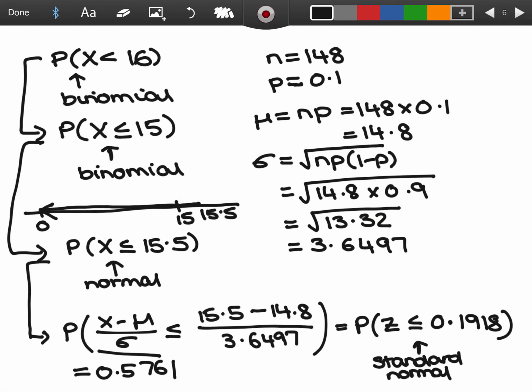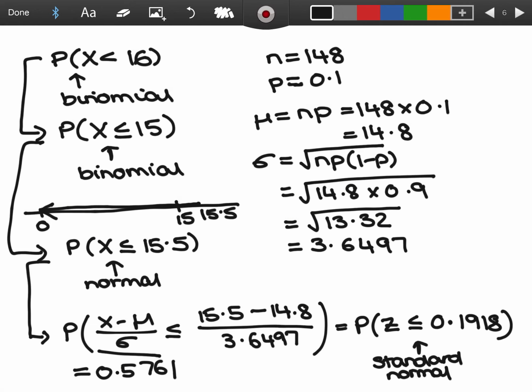But if you go right back up to the top of this problem, you had the probability that x was less than 16, which was the same thing as saying that it's the probability that x is less than or equal to 15. Now remember, when you use binomial CDF, it asks for the number of trials, which in this case is 148. It asks for the probability of success, that p-value, which is 0.1, and it asks for an x value.